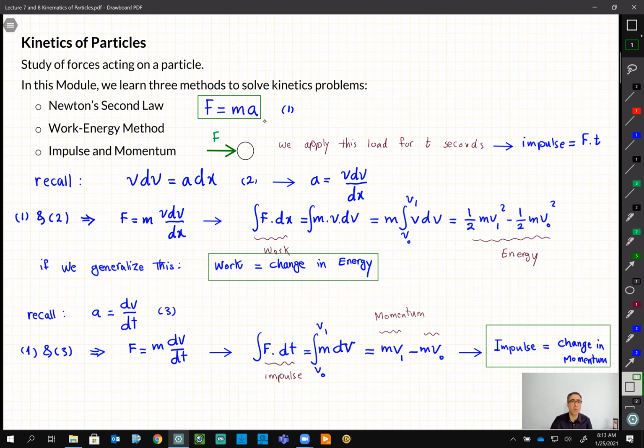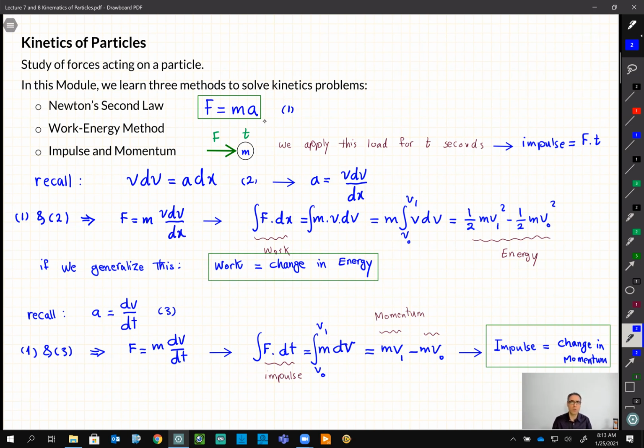It creates an impulse, all right? Like this one that I showed here. F, you apply F for a certain time, T. So it creates an impulse. This impulse is F multiplied by T, and it's equal to the change in momentum.